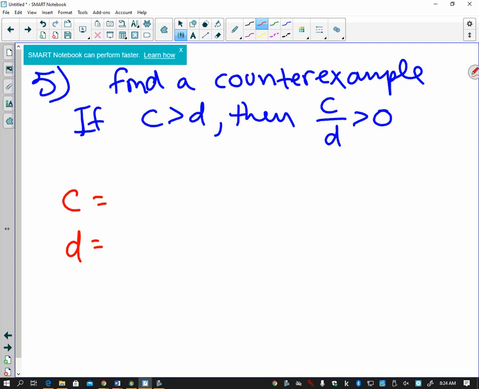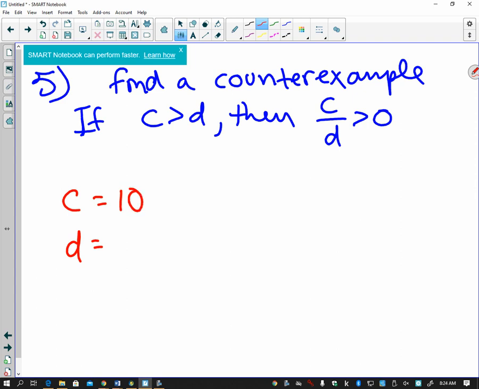All right, so what's an option here? C greater than D. What you're going to get is numbers that are going to go in for C and D. So let's say C equals 10.